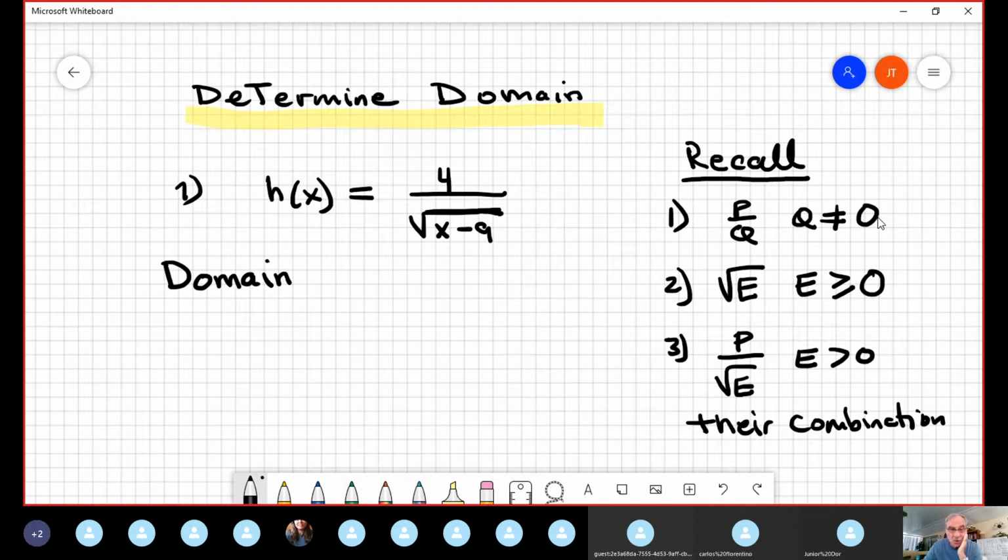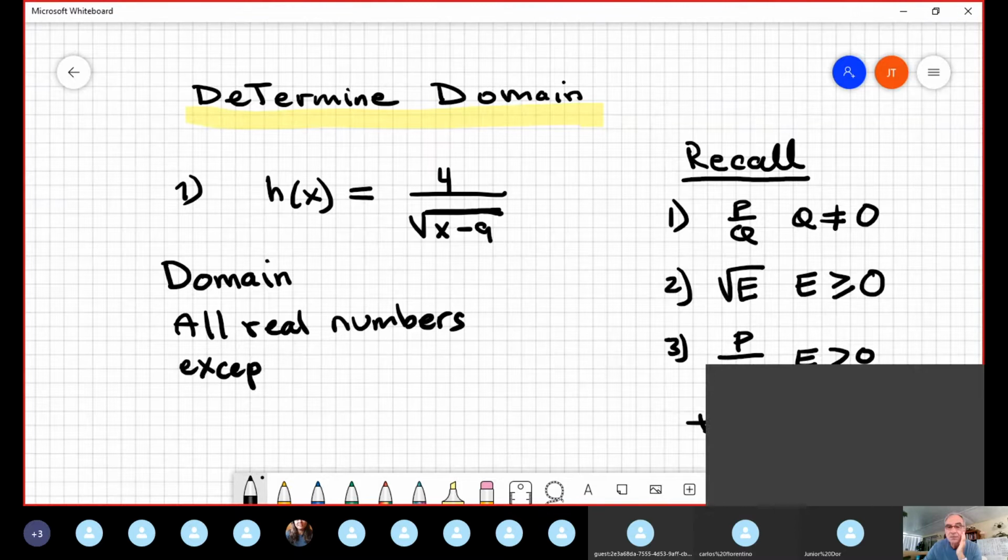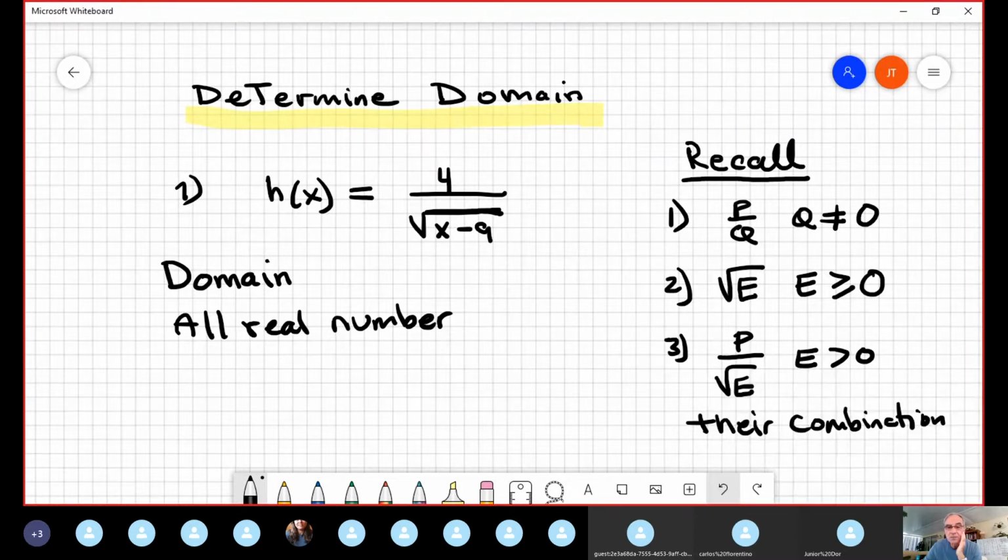So you suppose the domain is all real numbers, except the restrictions.